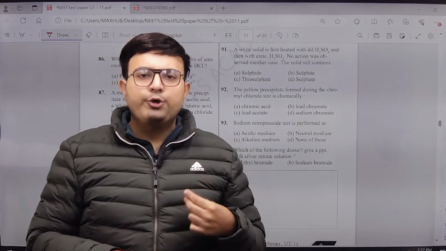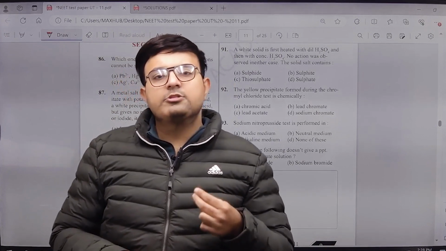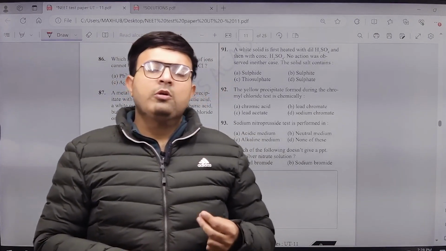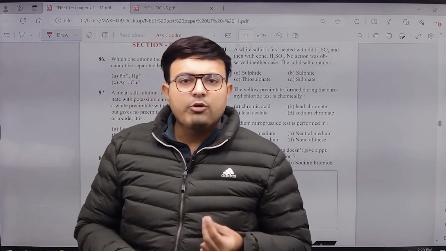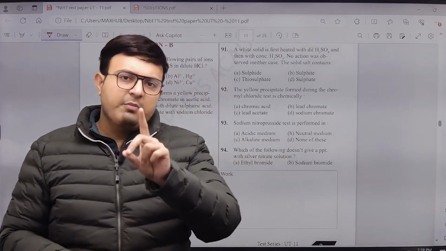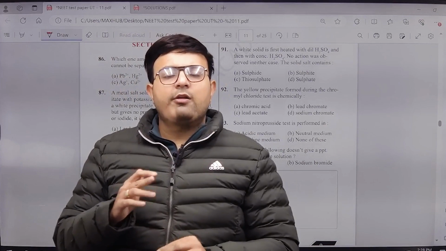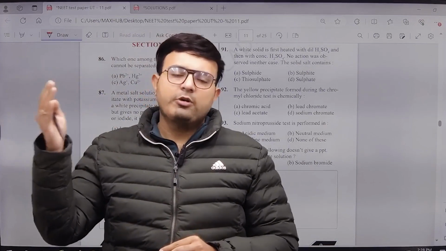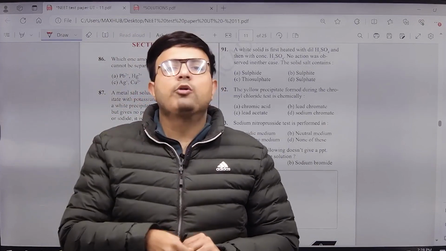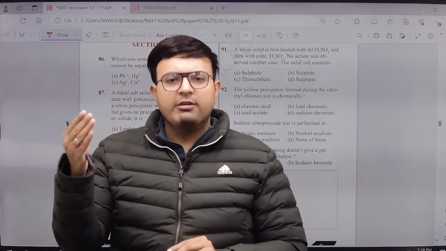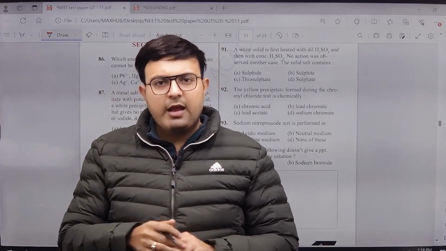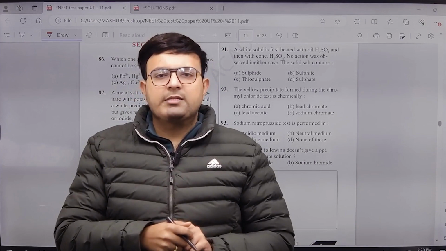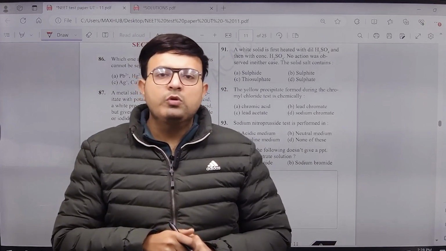This is group 2 reagent. So which metals can be differentiated by group 2 reagent? One of the metals should be of group 2 and the other should be of group 3, 4, 5, because they will not react with the group 2 reagent. They will react, but they will not give a precipitate with group 2 reagent.